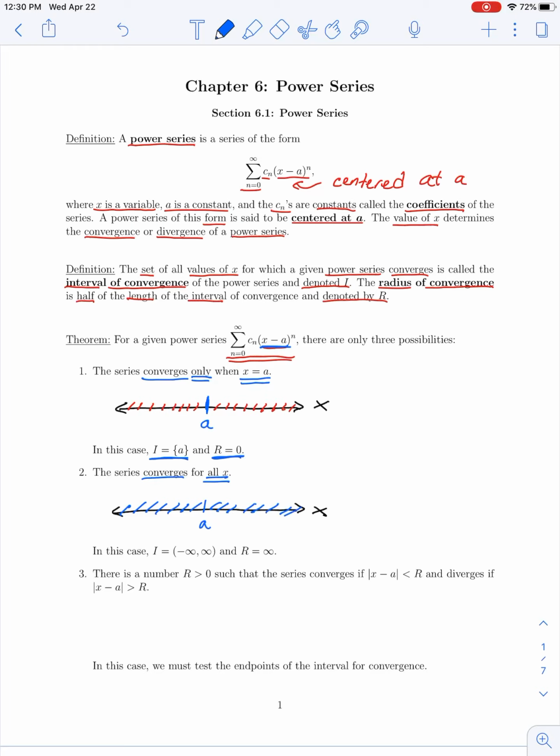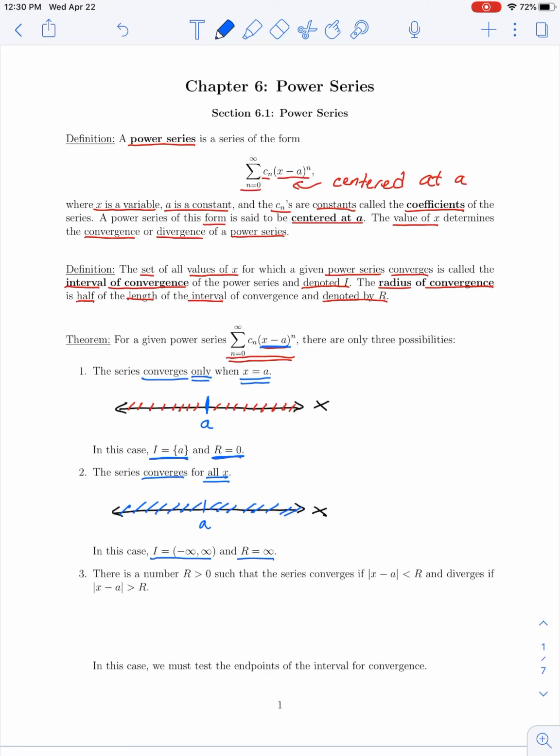So in this case, our interval of convergence would be the entire real line, that is from negative infinity to positive infinity. And the radius of convergence, which would be half the length of that interval, is infinity. So if we have the entire real line, the length of half of the real line would still be infinite.